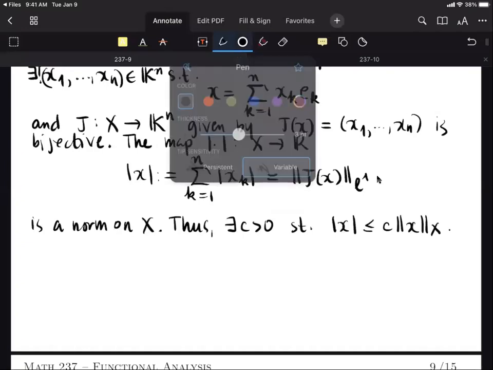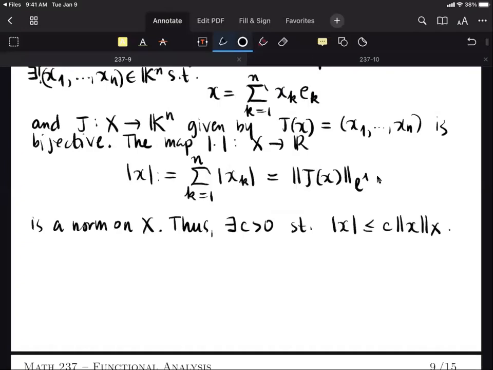And we now have all the ingredients for proving the boundedness of your linear operator. So first, you apply linearity and the definition of x according to this equality here.